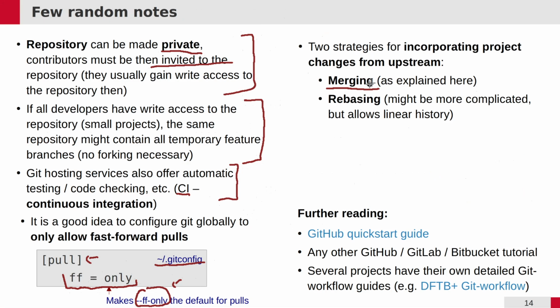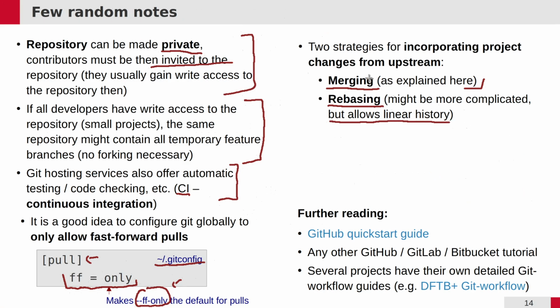This is one way to keep the feature branch up to date with the changes on main. And the other one, as I already mentioned in the other video, is the so-called rebasing. I can rebase my feature branch onto the actual status of main. It can be sometimes more complicated, so it's less straightforward than simple merging. The good thing is that it allows for a so-called linear history, and some projects even require that.